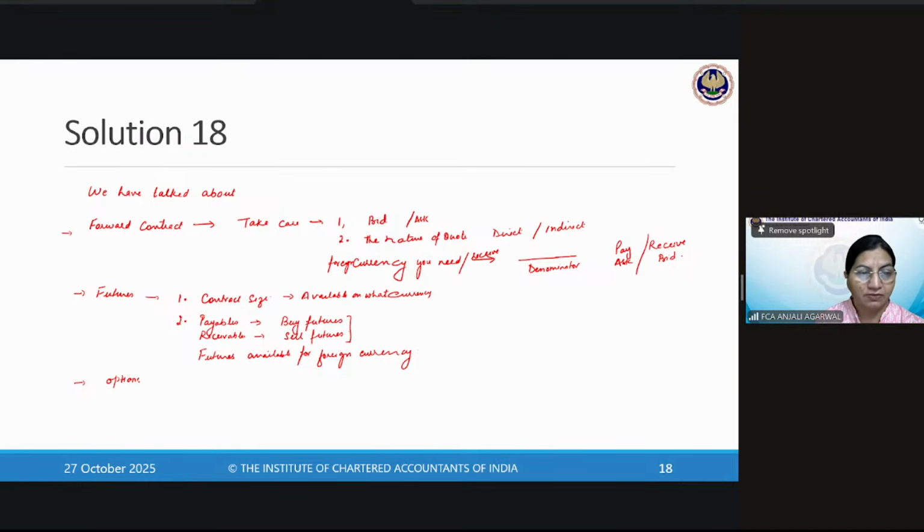like in the previous question, I had Canadian dollars payable. So if I have payables, that means I'll need to buy that currency. So if I need to buy that currency, I need to be a buyer of a call option.